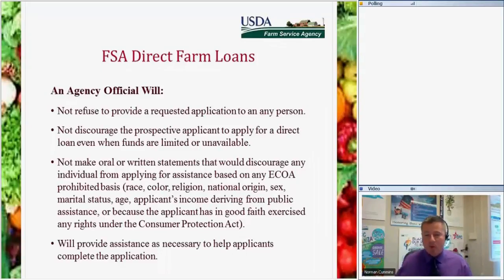That's a requirement. That's what we require our farm loan officers to do. We can't make oral or written statements that would discourage any individual from applying for assistance based on any ECOA prohibited basis, which is race, color, religion, national origin, sex, marital status, age, applicant's income deriving from public assistance, or because the applicant has in good faith exercised any rights under the Consumer Credit Protection Act.